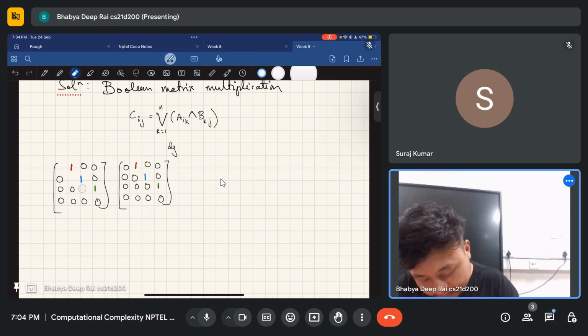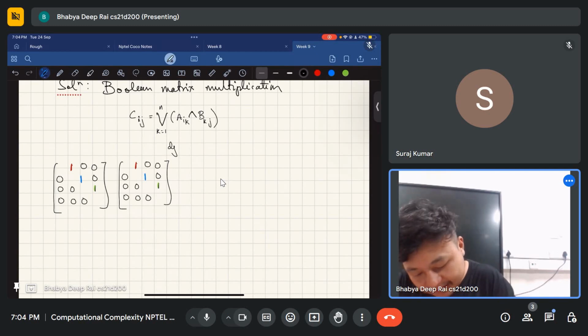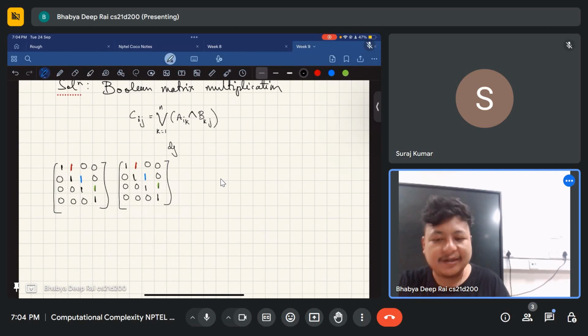Since every vertex is reachable to itself, from a reachability sense, they are reachable to themselves, right? So I'll set the diagonal elements to 1. Now we'll multiply it, but this time we'll do Boolean matrix multiplication.